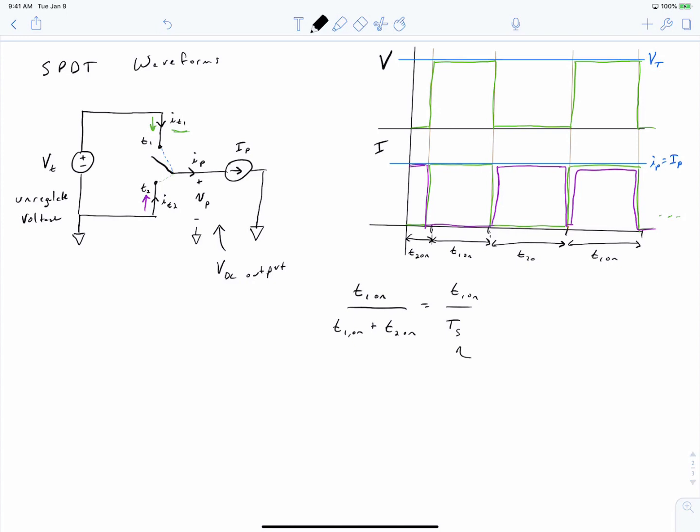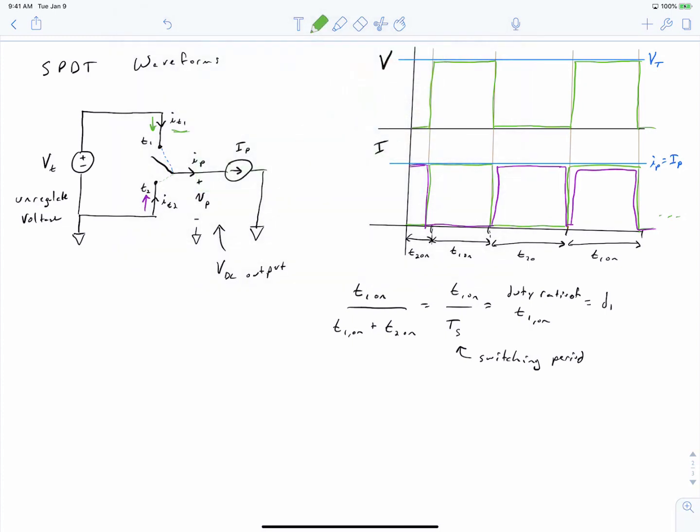So Ts is our switching period, and this quantity is the duty ratio of T1, which is the time that throw 1 is on. And we'll call this quantity D1. And we can use this to evaluate the average values of the waveforms that we just graphed.